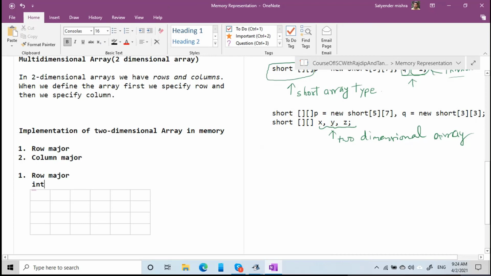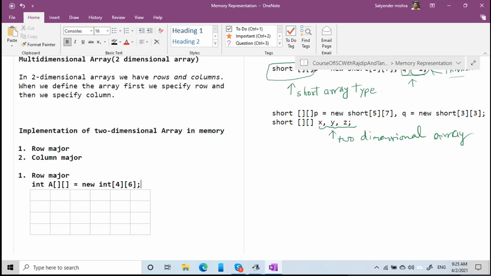So for example, this array is an integer array. So integer array equal to new int, and 1, 2, 3, 4, 5, 6. So 6 columns, and how many rows are there? 1, 2, 3, 4 rows are there, right? So this is what we have declared. So this is the array.